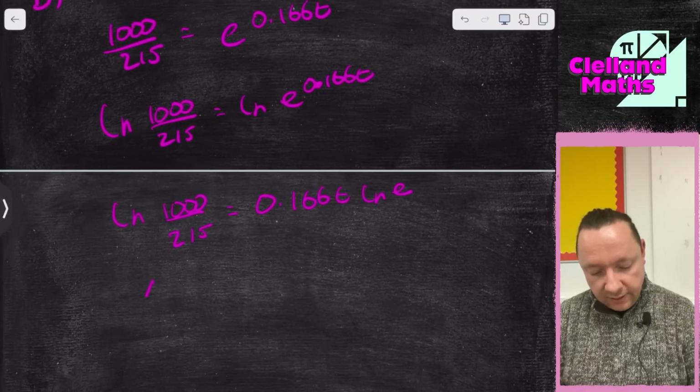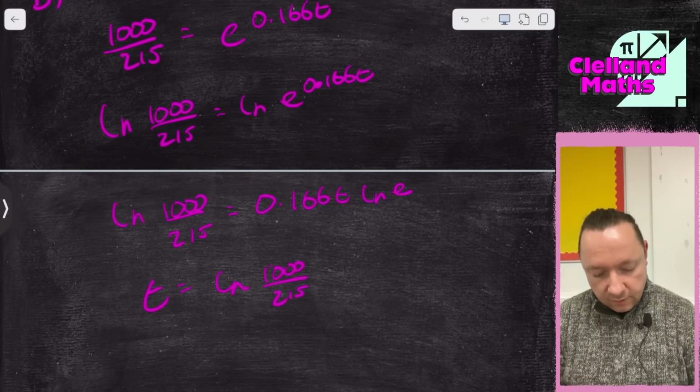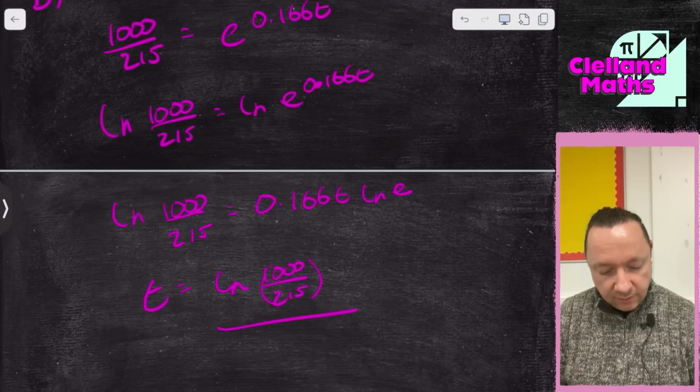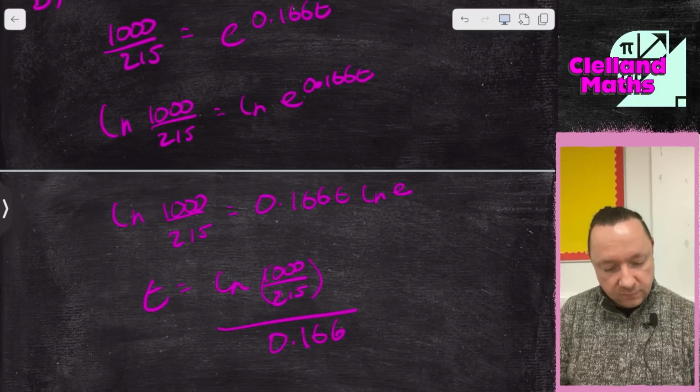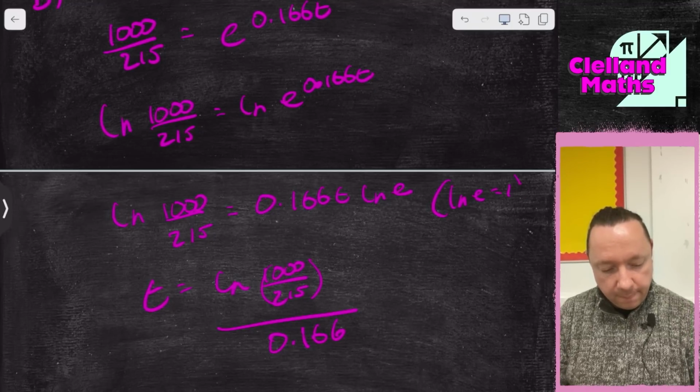So that means that t is equal to the log of 1000 over 215, all divided by 0.166, because that log e is just 1. I'll put that beside in case you really need it.